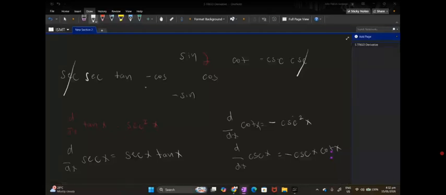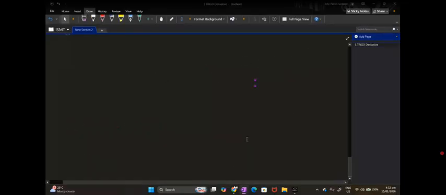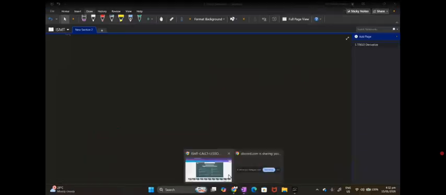Again, sec tan, negative cos, sine, sine. Then cotangent, negative cosecant and cosecant. So don't forget yung negative here sa gitna or isang negative sa cosecant. Ayan. So that's the easiest way to remember the derivative ng trigo.